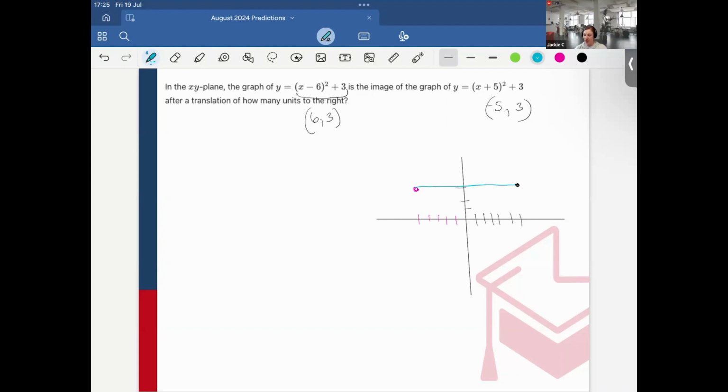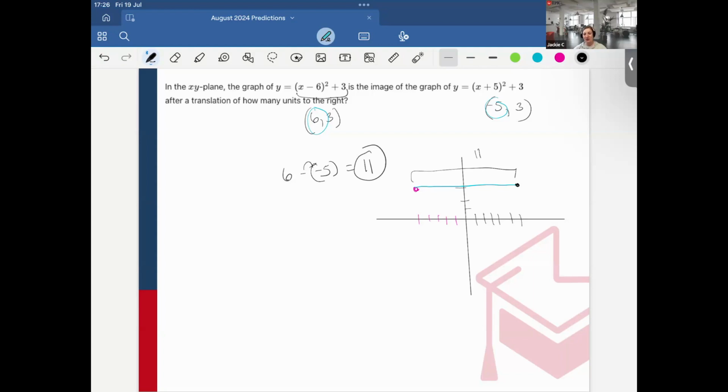Basically, I just take the two x coordinates, so originally it's 6 minus negative 5. This becomes positive, so it moves to the right by 11 units, and that's the answer. I could also literally count the distance here, and it's also 11. Just to show, having knowledge of vertex form and translations can help you answer.